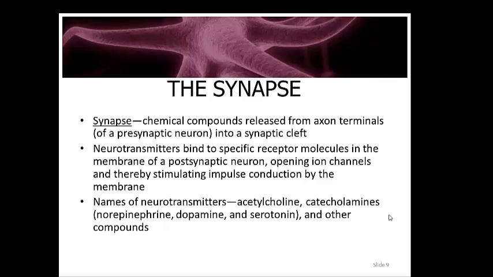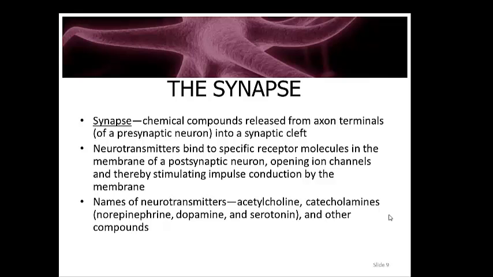We have then a synapse. The synapse involves chemical compounds that are released from the axon terminals of a presynaptic neuron into the synaptic cleft. The neurotransmitters will bind to specific receptor molecules in the membrane of a postsynaptic neuron, which then opens ion channels, stimulating an impulse conduction by the membrane.